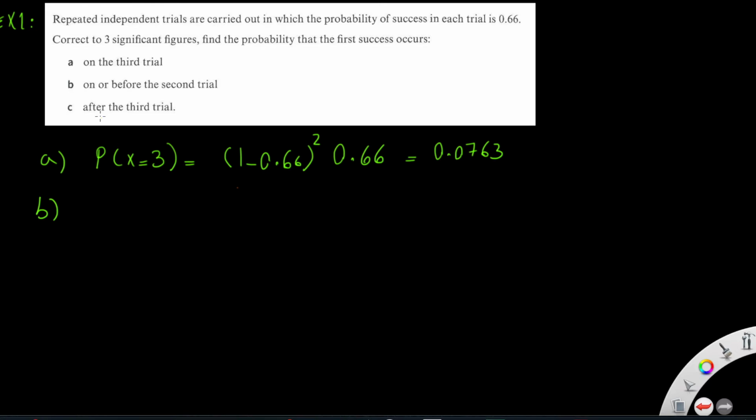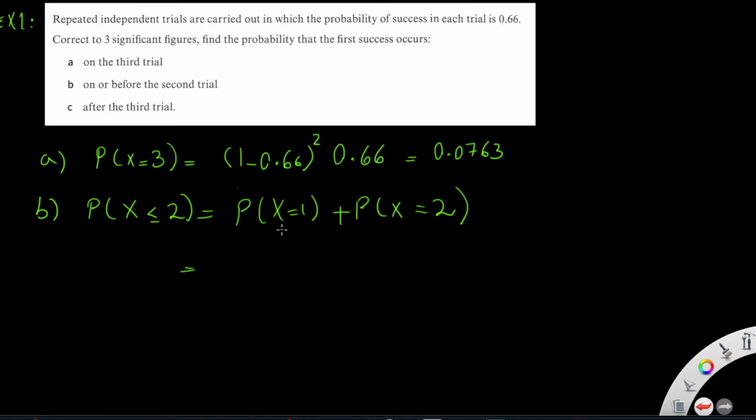Part B says on or before the second trial. It means that X is less than or equal to 2. Less than or equal to 2 means that your success may be obtained in the first trial or in the second trial.